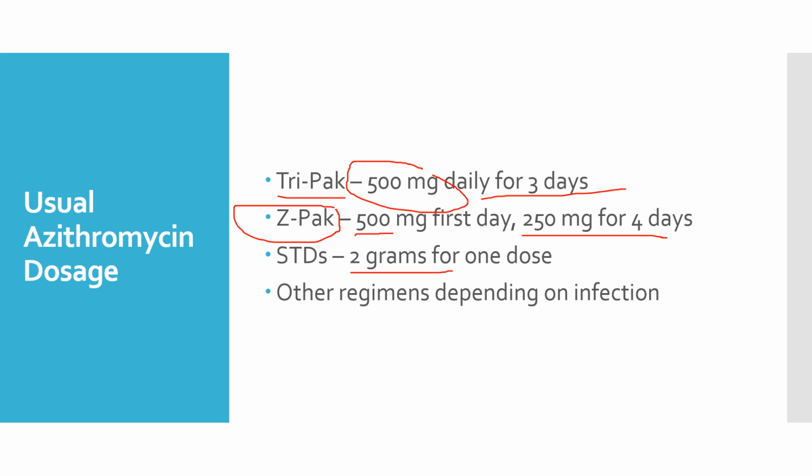So that could be 2 to 4 500 milligram tablets one time, or the Z-Max suspension. And other treatment regimens, depending on the infection, sometimes daily for chronic infections. We don't see that very often, but these are by far the most common doses that we see.